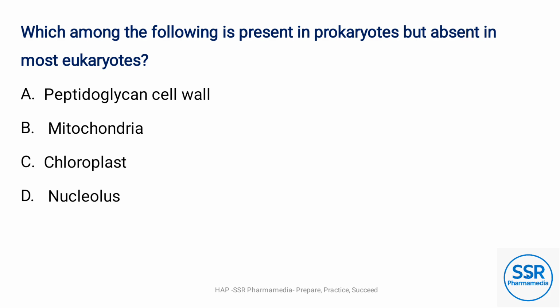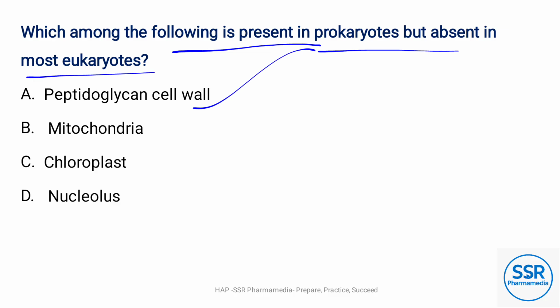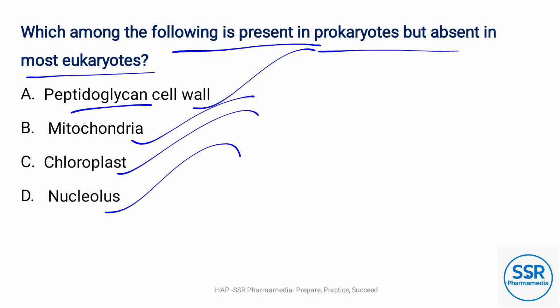Next question. Which among the following is present in prokaryotes but absent in most eukaryotes? Option A, peptidoglycan cell wall. Option B, mitochondria. Option C, chloroplast. Option D, nucleolus.